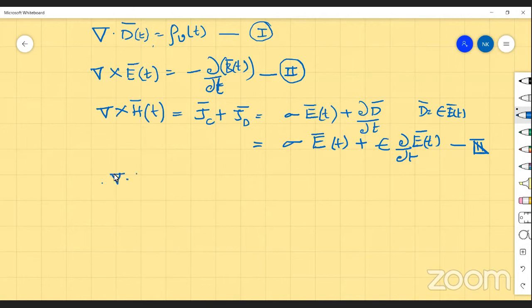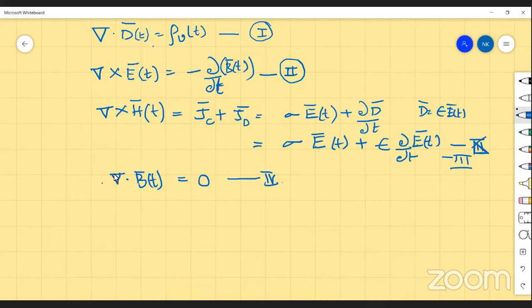Del dot B bar of t is equal to 0. That is the fourth Maxwell's equation. Okay, that is the third Maxwell's equation, and this is the fourth Maxwell's equation.